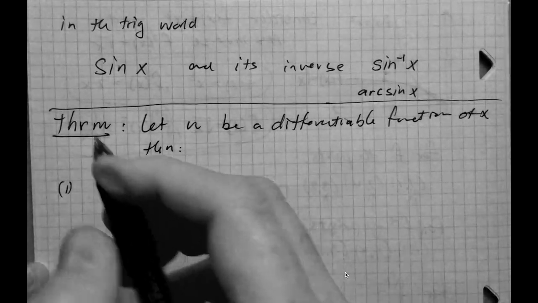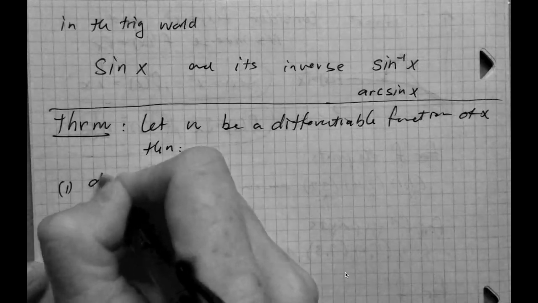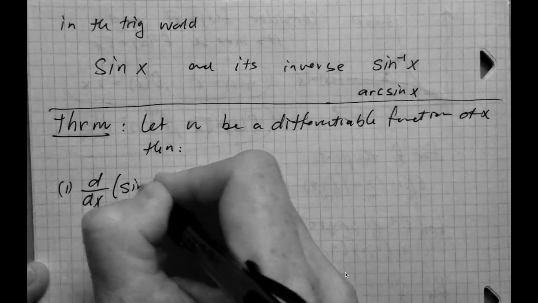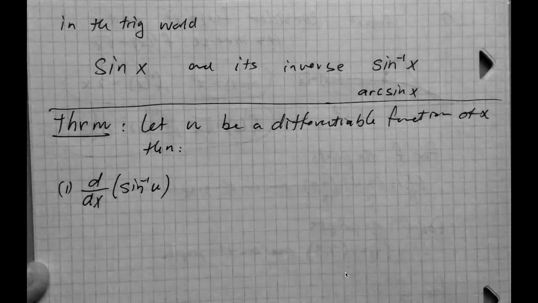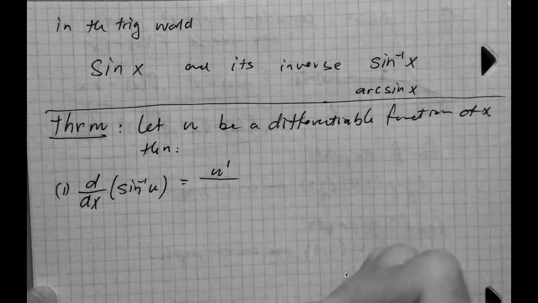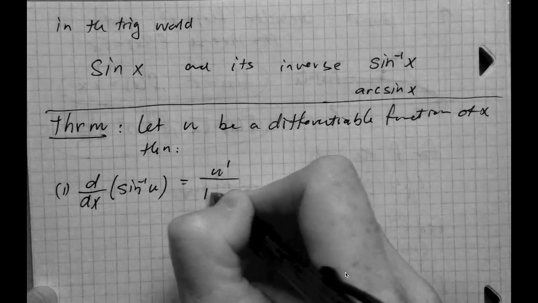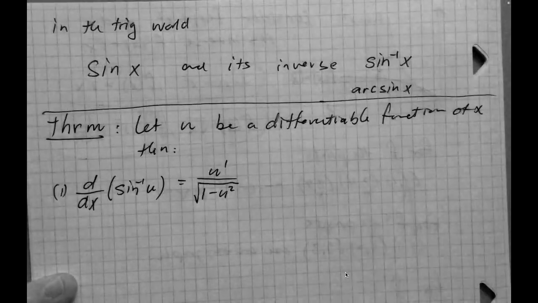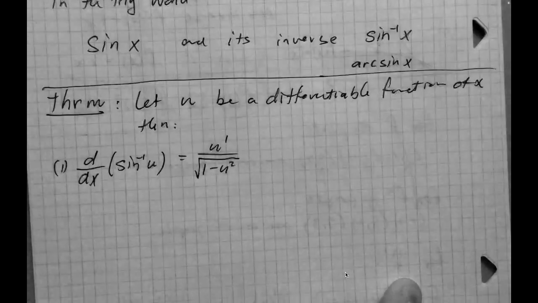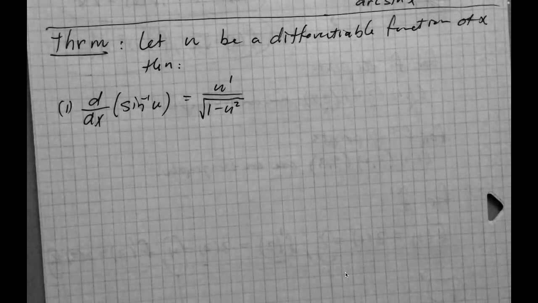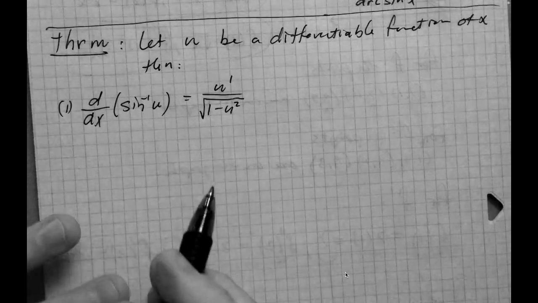First, the derivative of the arcsine, so d dx of inverse sine of u, where u is some differentiable function of x, is equal to u prime over the square root of 1 minus u squared. Okay, probably didn't see that coming. We'll get into this in a second. Let's throw them all up here.